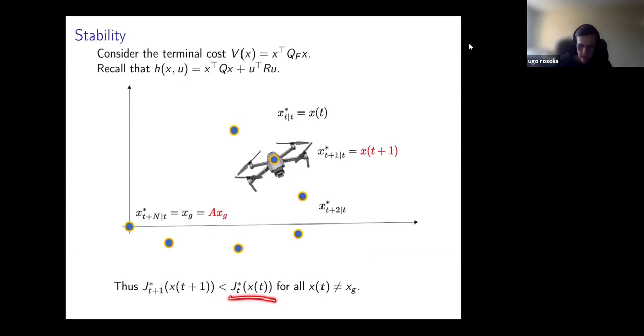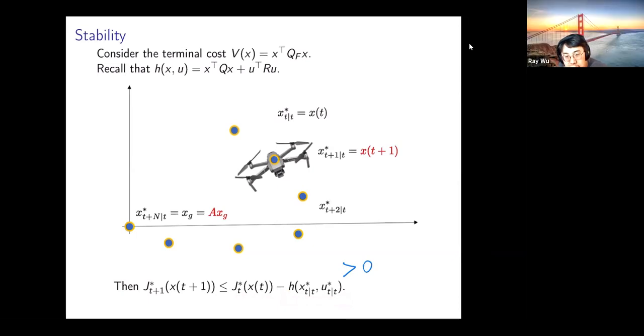So this quantity is either positive or equal to zero if you've reached the goal point. And so what we showed is that, back one slide, the stage cost is strictly greater than 0 if we are not at our equilibrium point.